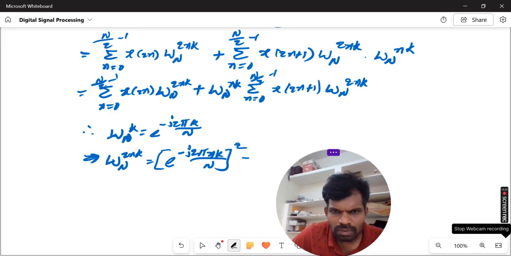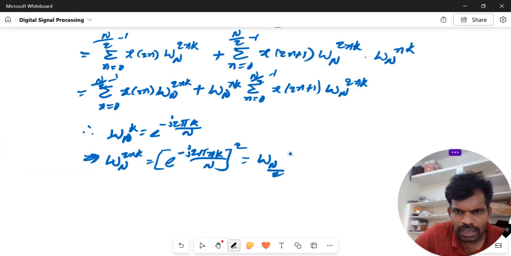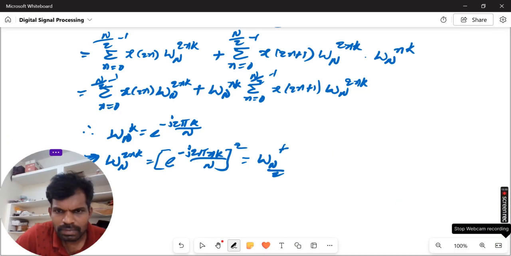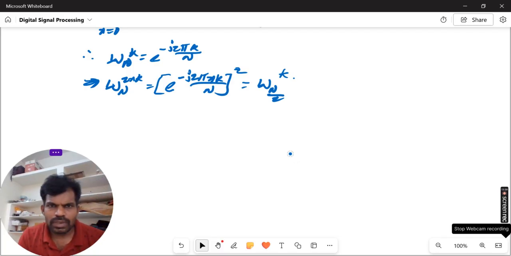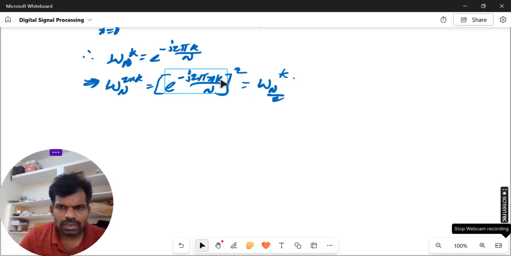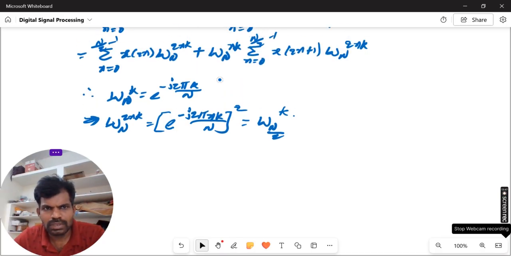Okay, which is equal to w suffix n by 2 power k. Simply we can write it as here. Okay, so now let us simplify this above one.